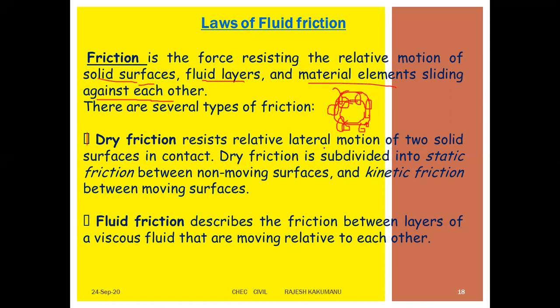So dry friction again is divided into two parts based upon the surface in contact. First one is the non-movable surfaces. First one is the static surfaces, which is also called non-moving surfaces. For example, a big machinery. In your lab, or in a computer lab, or an engineering lab, or a mechanics lab, manufacturing lab, you have a big lathe machine which is mounted on the earth, mounted on the ground.